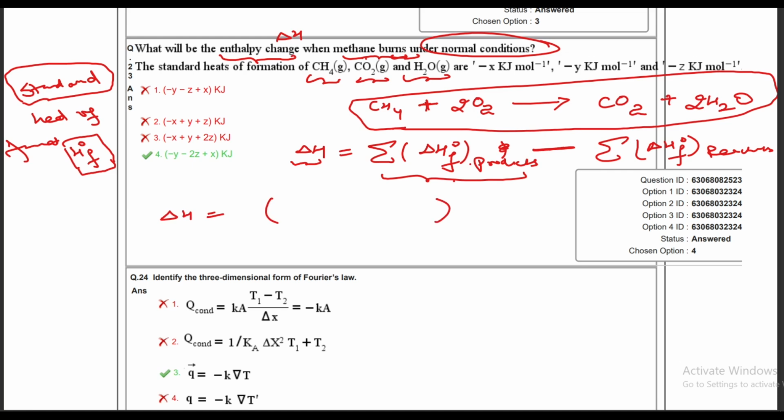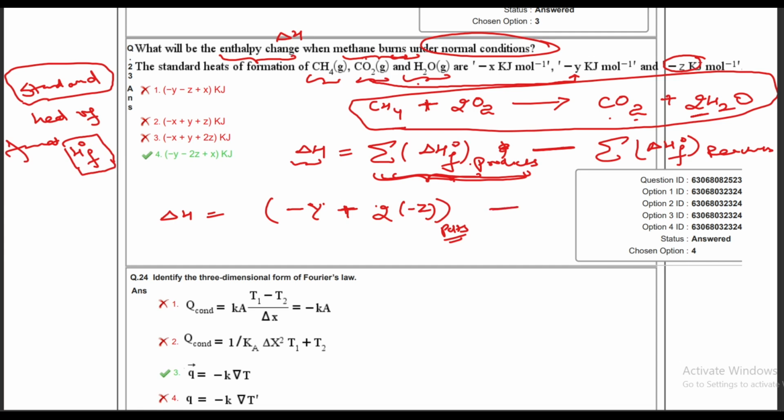And to calculate standard heat of formation of products, what are the products? Carbon dioxide, and for carbon dioxide standard heat of formation is -Y. And one thing keep in mind, you have to also consider stoichiometric coefficient, that is 2. Now other product is water, and for water standard heat of formation is -Z, and there is stoichiometric coefficient 2 that you have to consider.